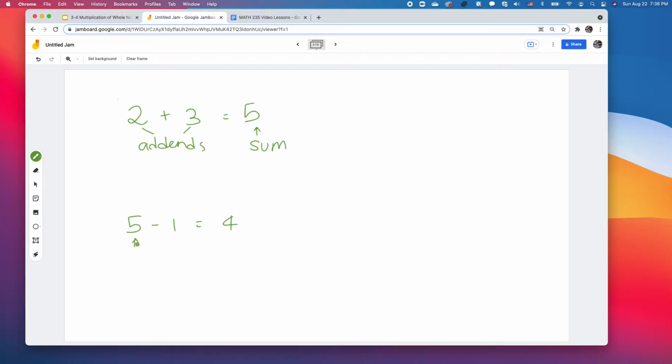The number that is being subtracted is called the subtrahend, and the number that is subtracted from is called the minuend. What's the answer? That is called, yes, the difference of two numbers.